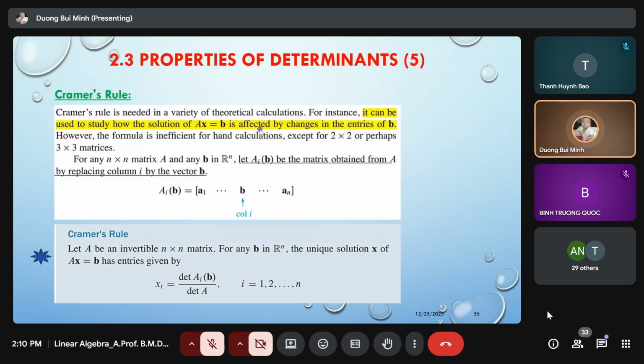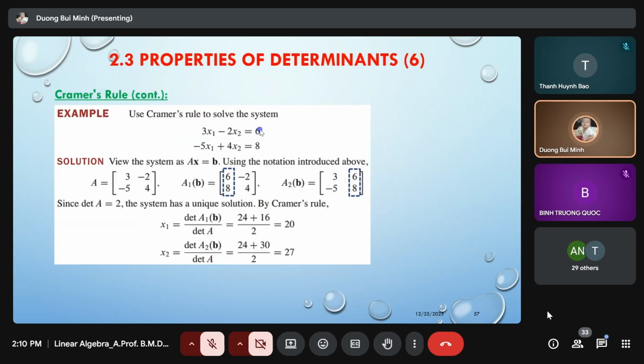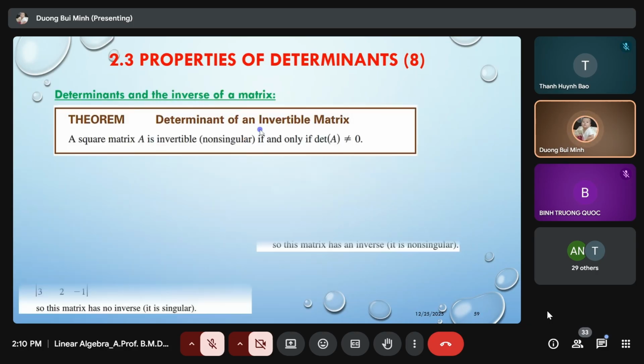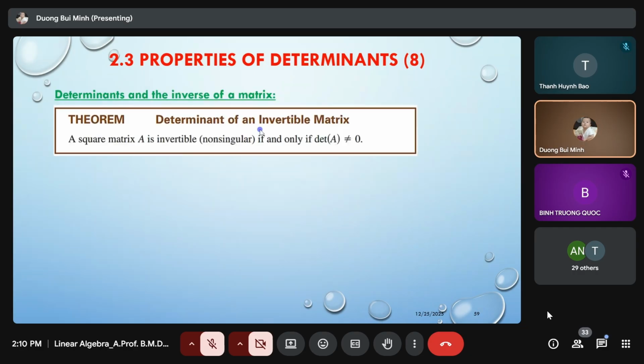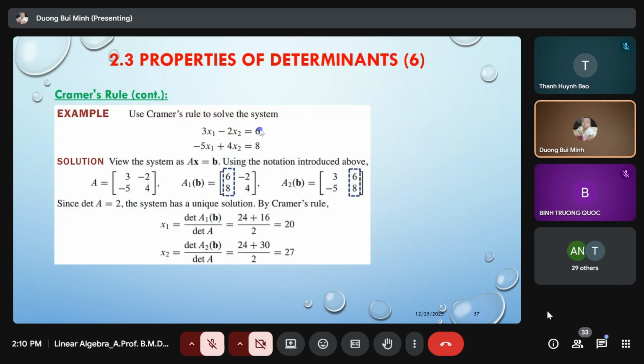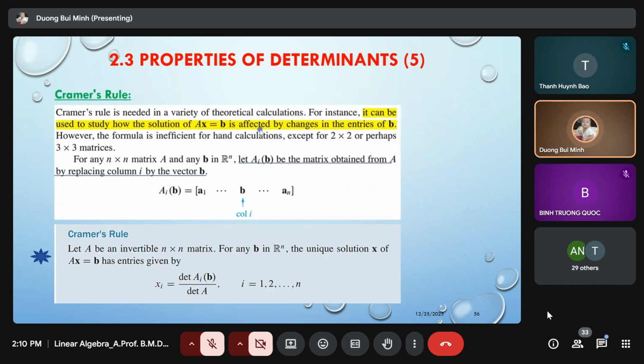And we have Cramer's rule. Very basic. If we have Ax is b, and we know A is a square matrix with n rows and n columns.